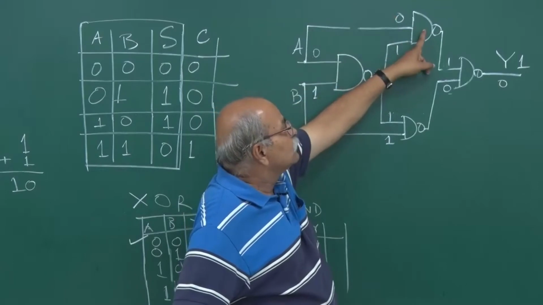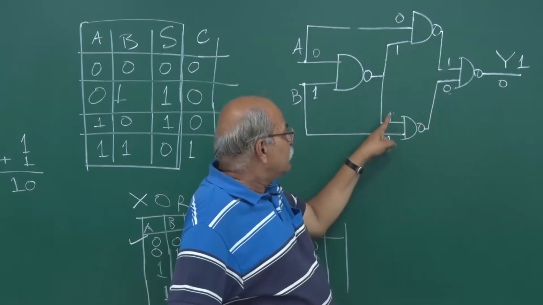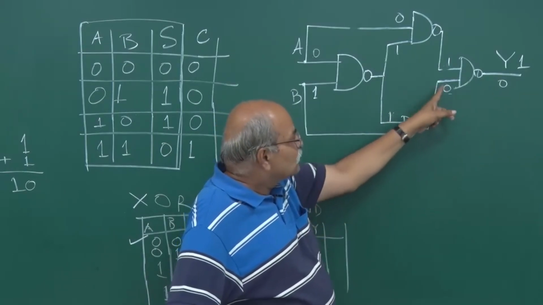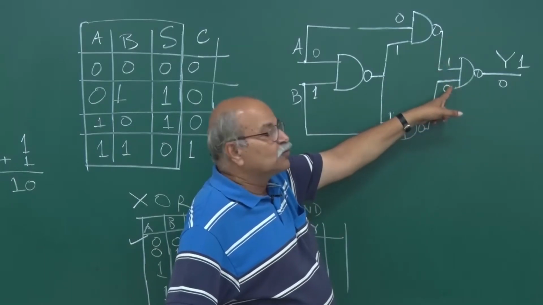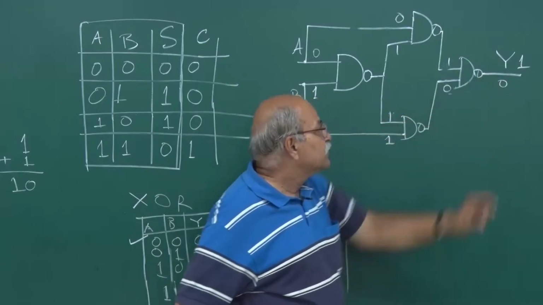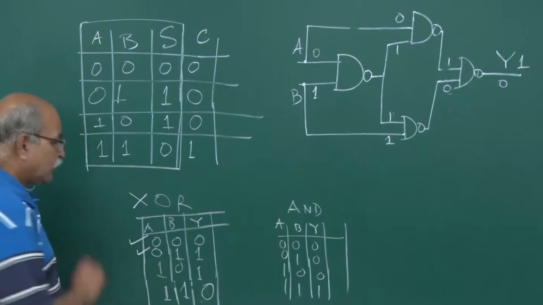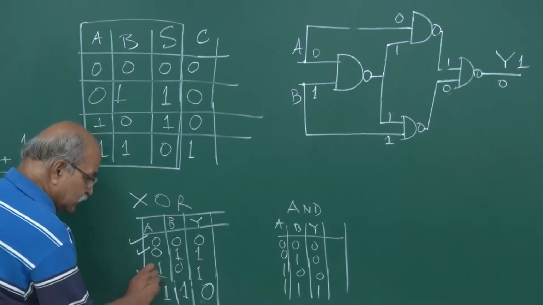So here it is 0, here it is 1, so this is 1. And then this side 1 and 1 is 1 and then NOT of that is 0, so it is 0. 1 and 0 is 0 and therefore NOT of this is 1, so it is 1. So 0 and 1 is giving me 1, so this line is okay. And you understand, if this line is okay, then this line is also okay.